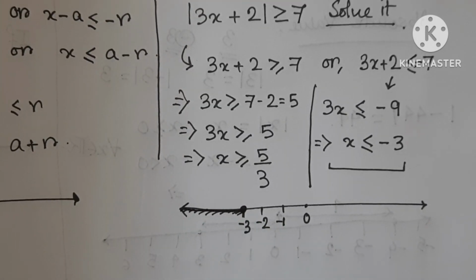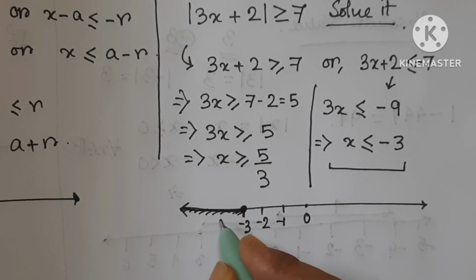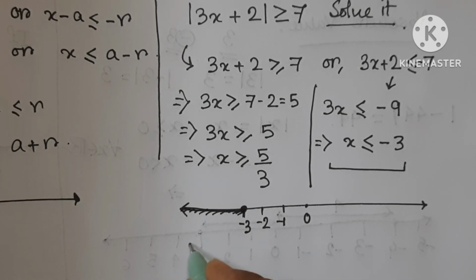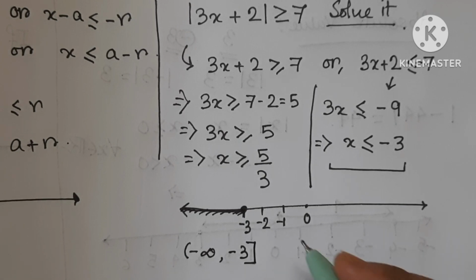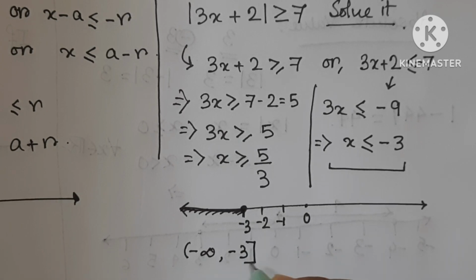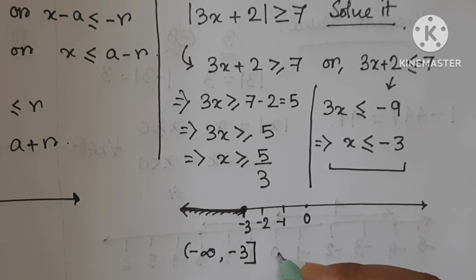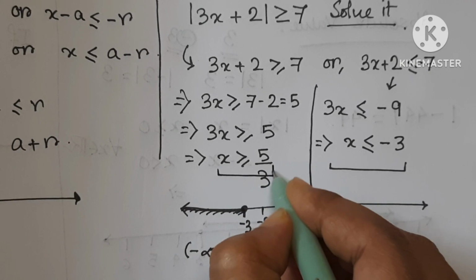Okay, so you can write it in interval form like minus infinity, comma, minus 3, with the third bracket, this is called a semi-closed interval, union, this one, this region also.